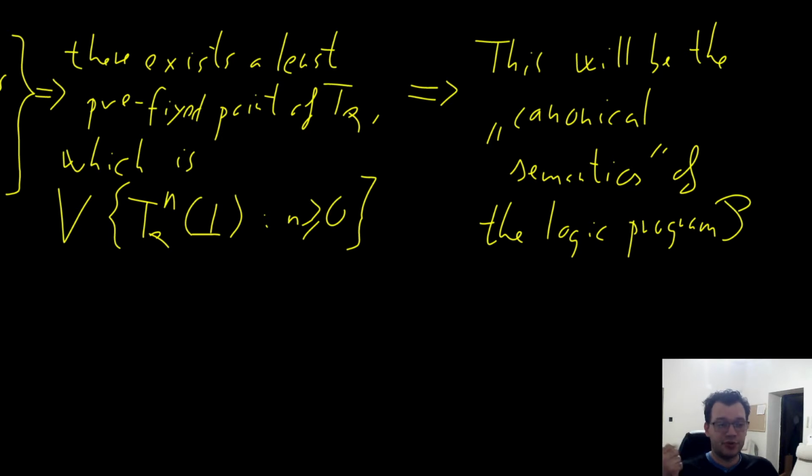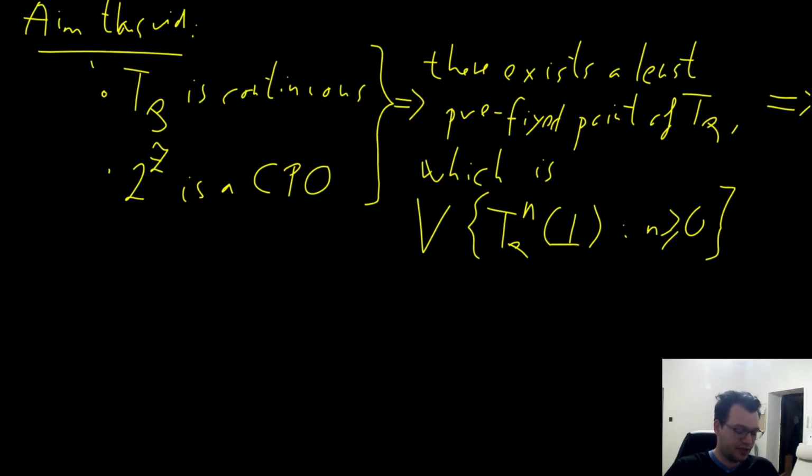We know that a model is a prefixed point of TP. We want a minimal model, so we need a minimal prefixed point, and this theorem says that there is exactly one minimal prefixed point of TP, which is the least prefixed point, so we have no other option there if we actually manage to show these two things.